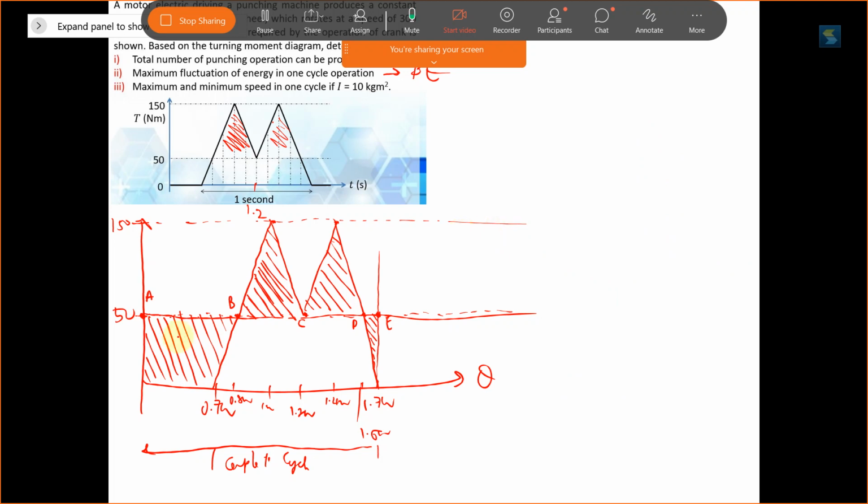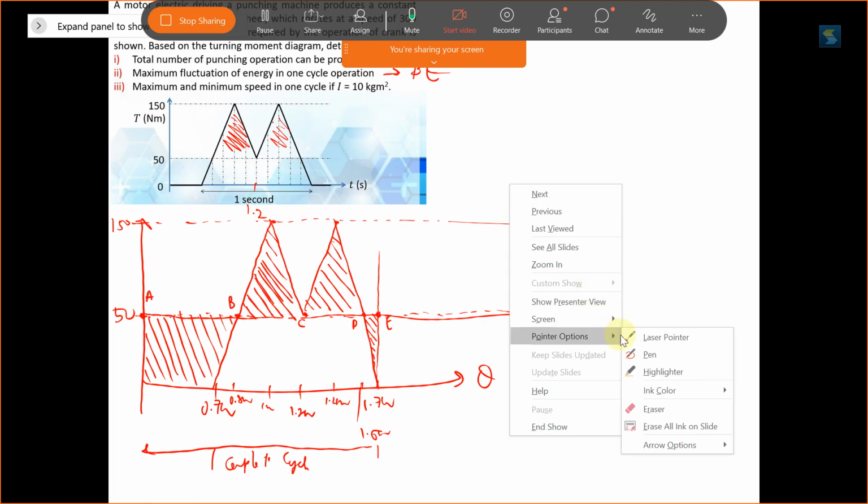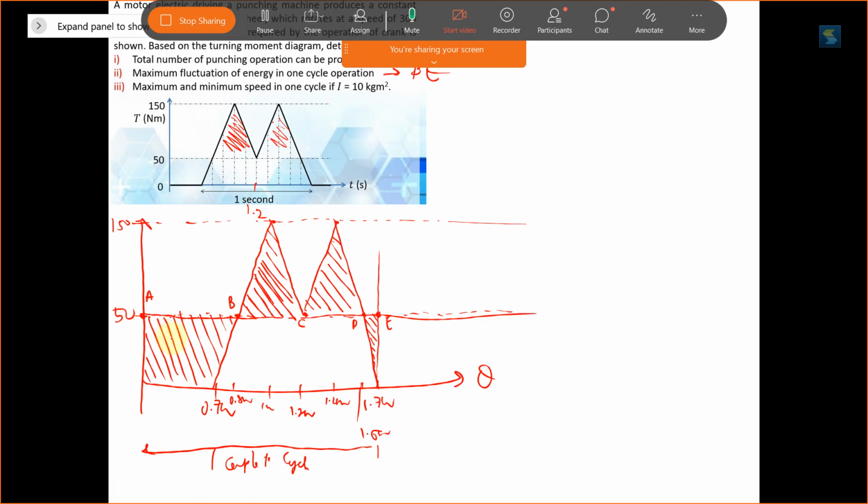So this is positive. So this is positive A, negative B, negative C and positive D.